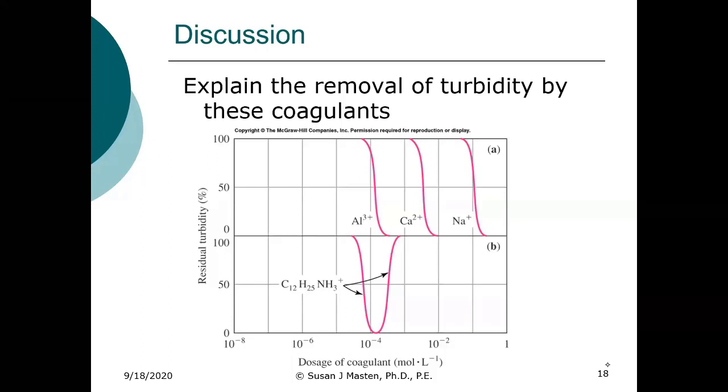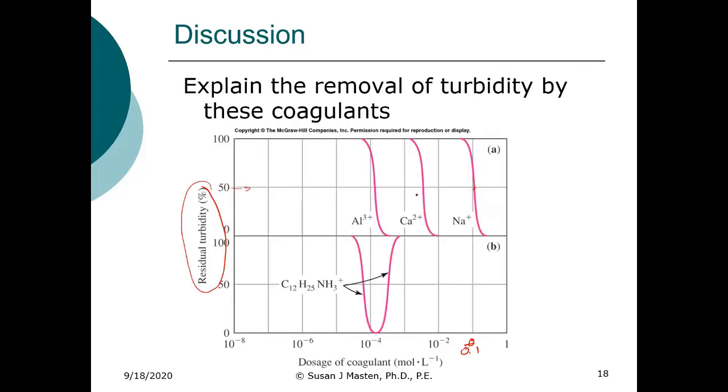We can see that in this figure also. We're plotting residual turbidity versus concentration. If we look at the 50% turbidity line, to achieve 50% removal of turbidity using sodium we would need about 0.1, and these are molar concentrations. My toolbar hides the concentration.